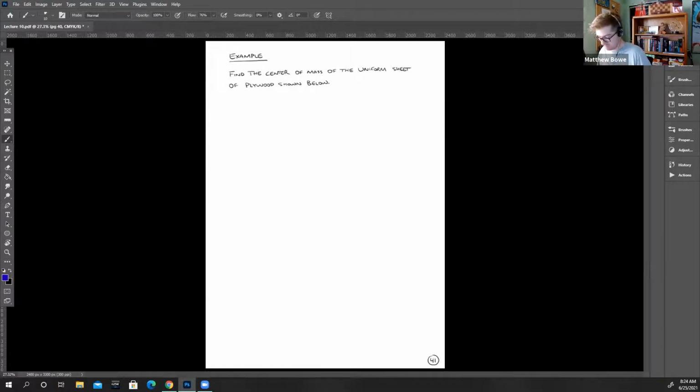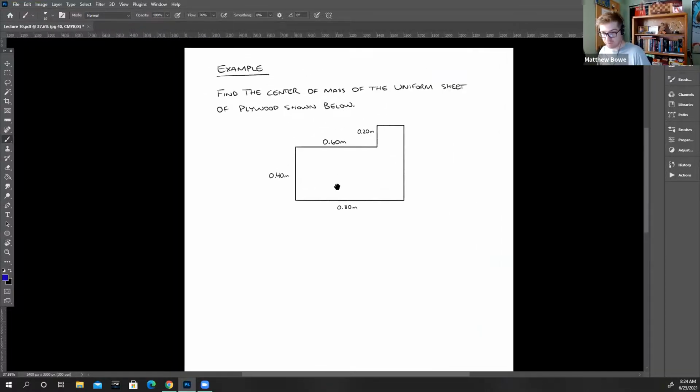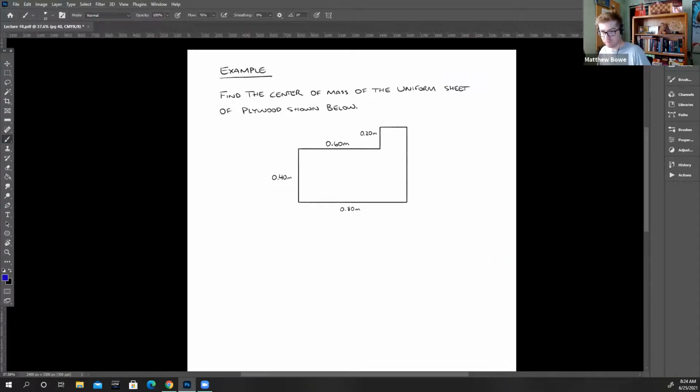Example: find the center of mass of the uniform sheet of plywood shown below.